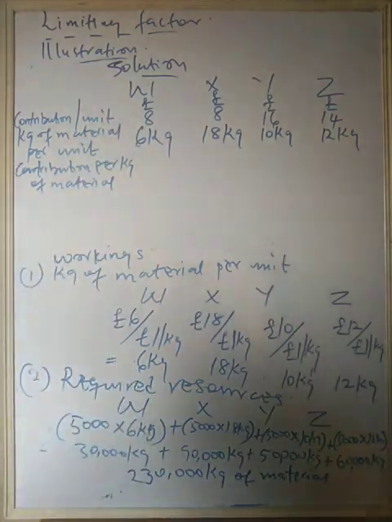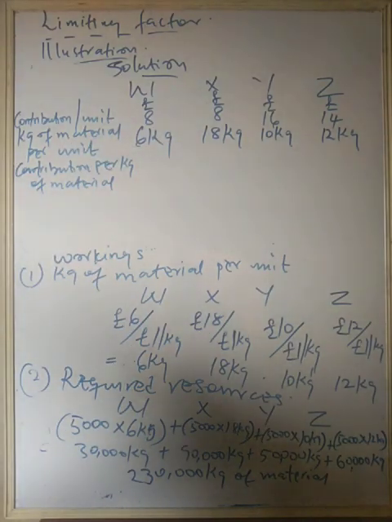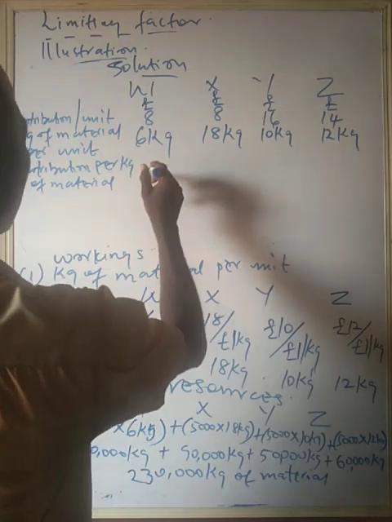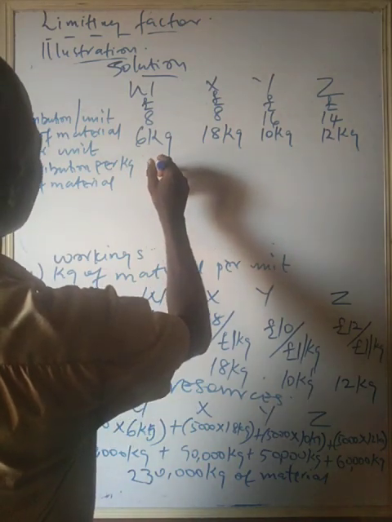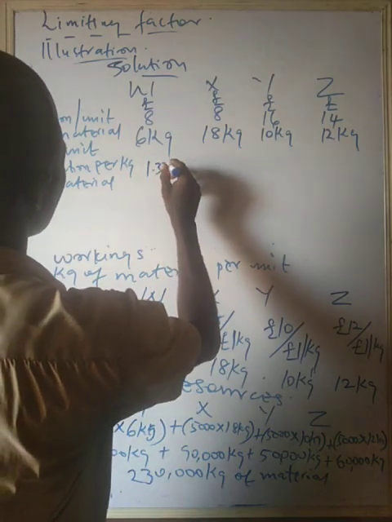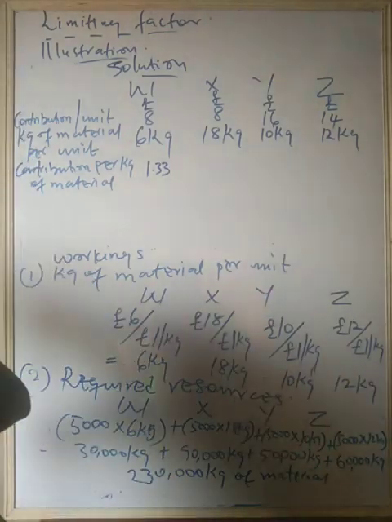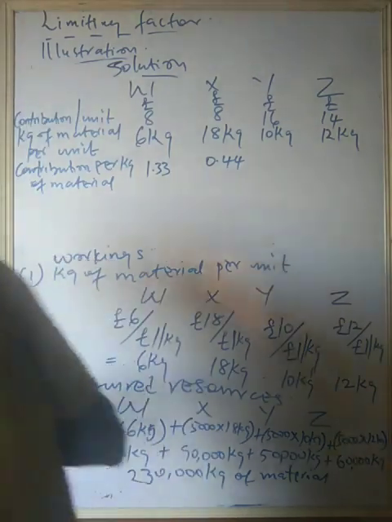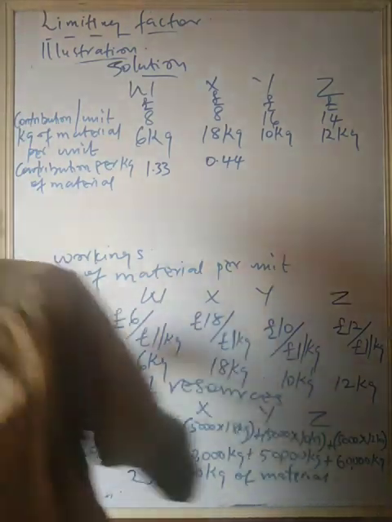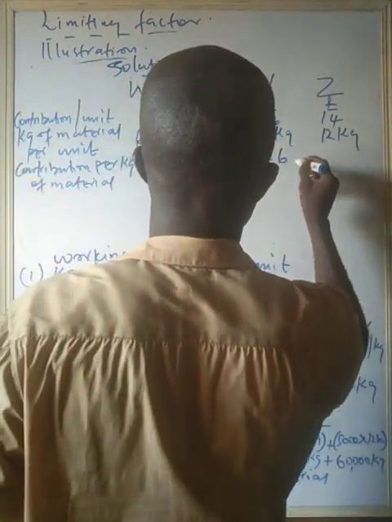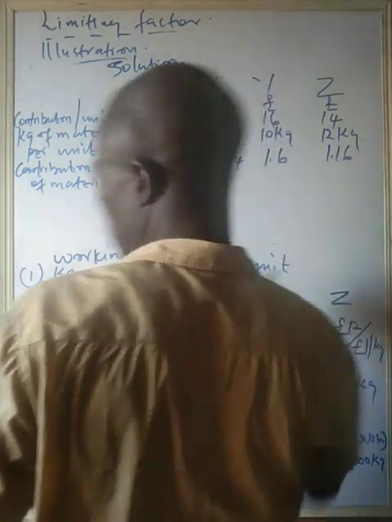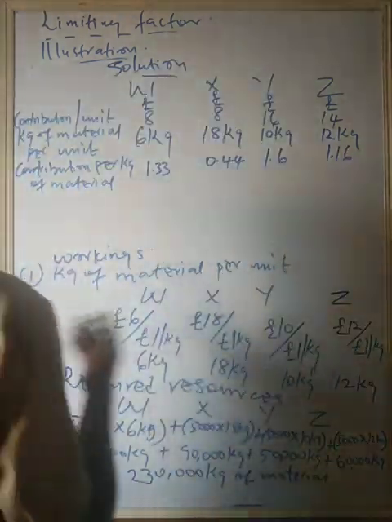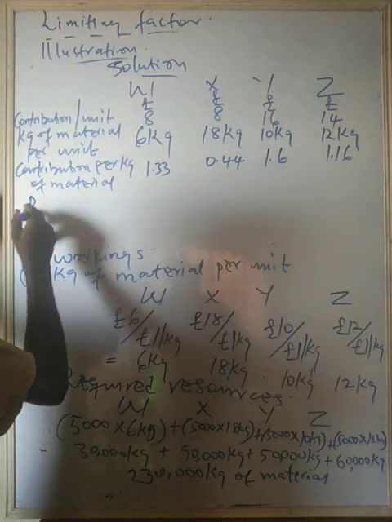That gives us 1.3, 0.44, 1.6, then 1.16. Then we go ahead and do the ranking.